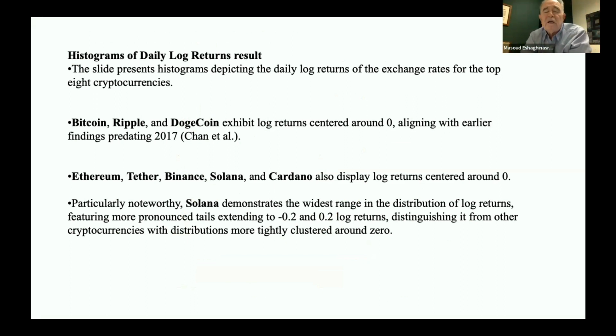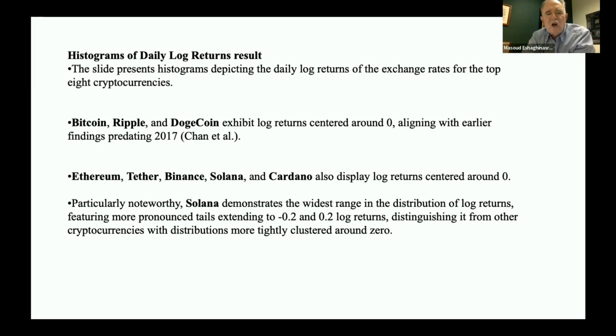This is only a sample because we don't have time for that. So the histogram of daily log returns results in here. You can see the slide presents the histogram of daily log return exchange rates for the top 8 cryptocurrencies.